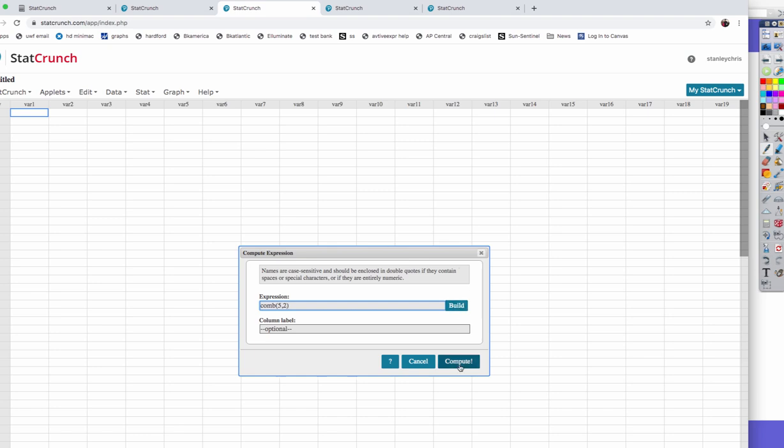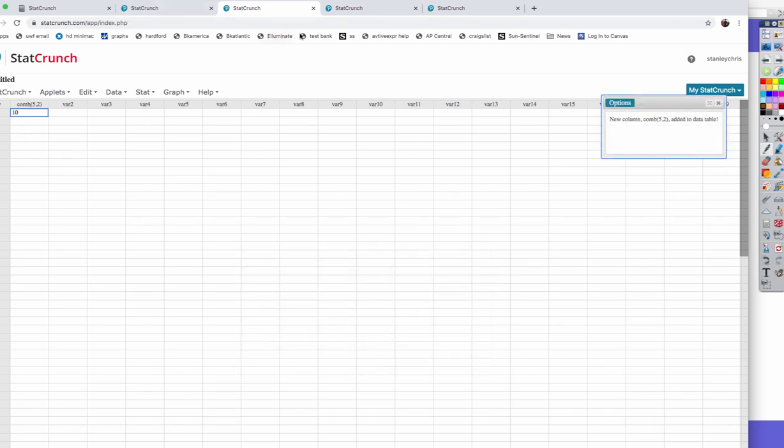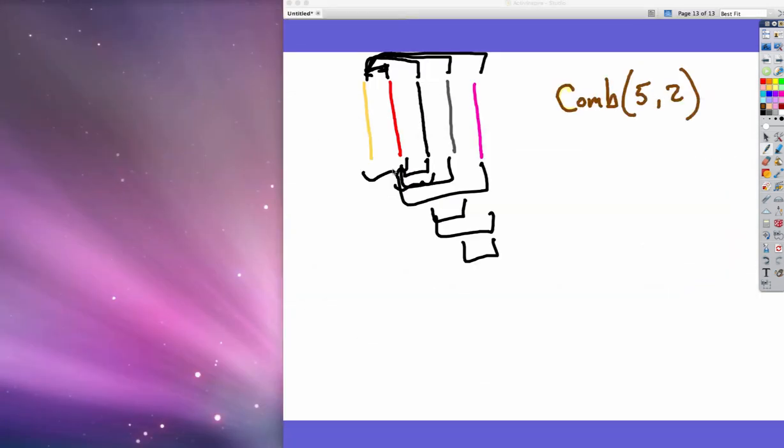I'm pretty sure this should hit compute and it should pop up there at 10, which is kind of what I had. Oh, where'd my stuff go?